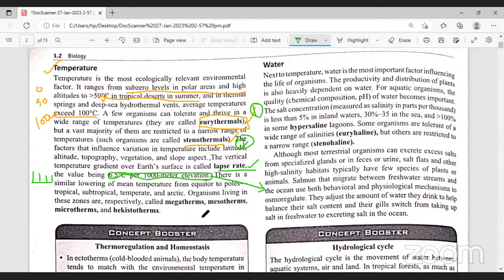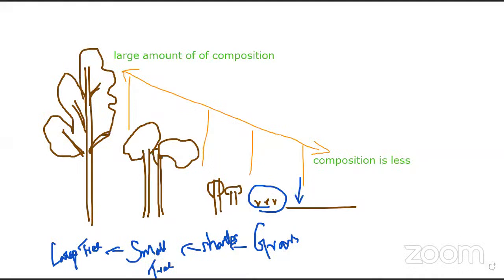During this condition, some of the microorganisms can live in the particular zone. What is the meaning of zone? See this one. So these are the zones. Take an example, I'll show you. So you have to clear it.